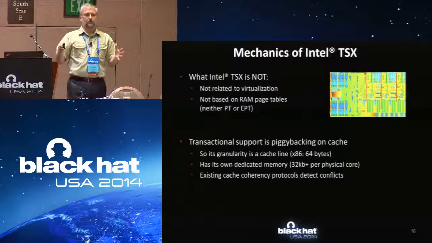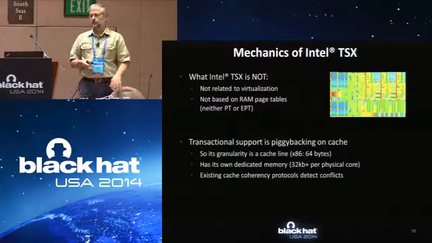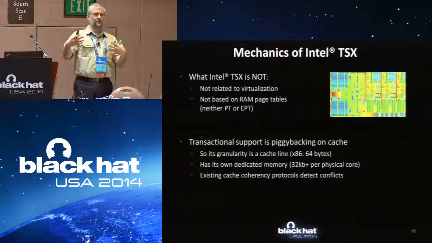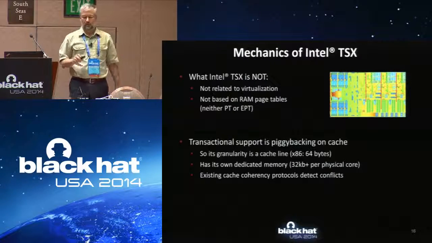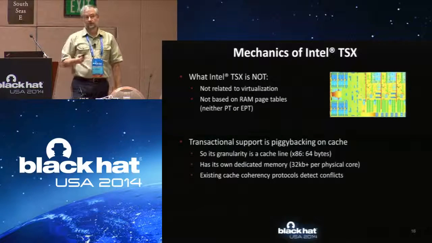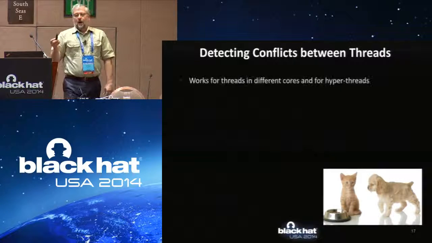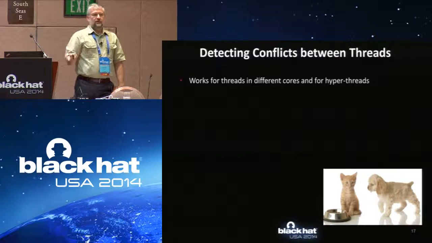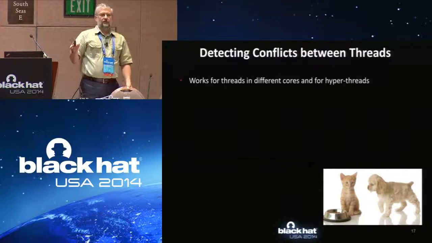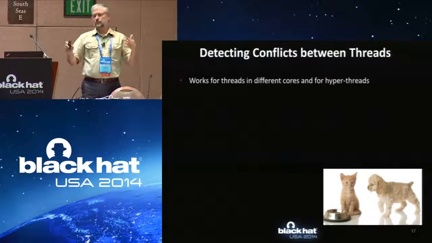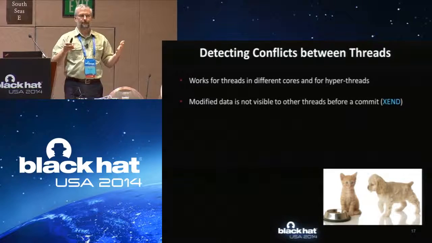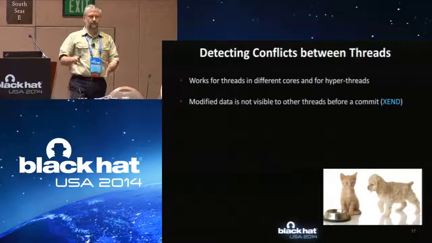Transactional memory support in the processor has its own dedicated memory to store a table of which accesses have occurred. And it uses existing cache coherency protocols to detect conflicts. Because it's existing cache systems, it works between different CPU cores. It works with different hyperthreads in the same core.